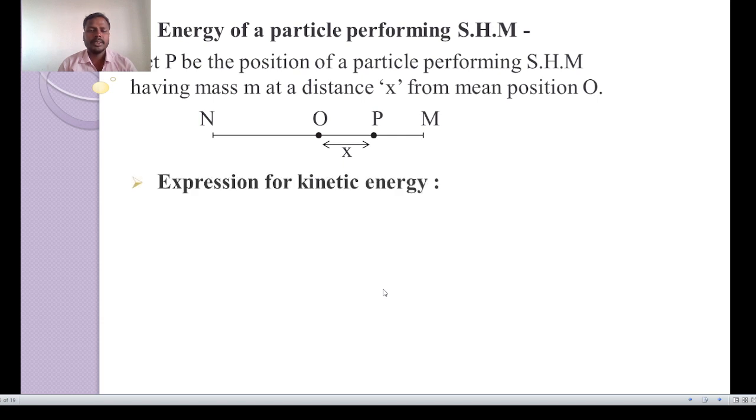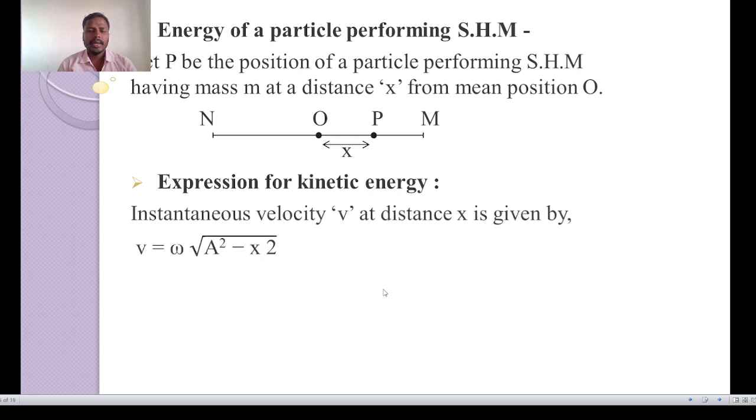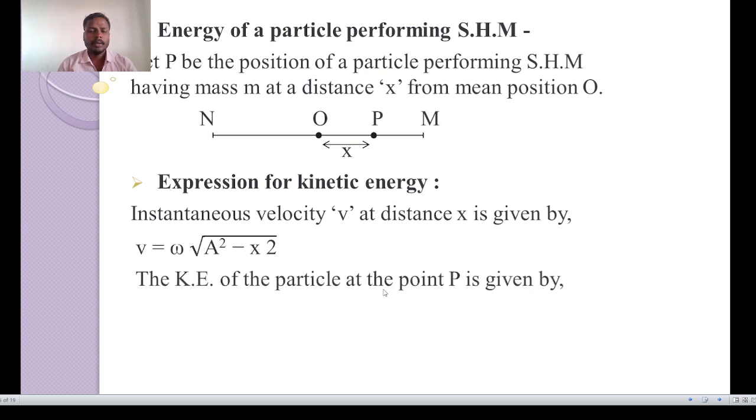Now the first point is the expression for the kinetic energy. We know that the instantaneous velocity at a distance x is given by v is equal to omega under root a square minus x square. The kinetic energy of the particle performing simple harmonic motion is kinetic energy is equal to 1 by 2 mv square.